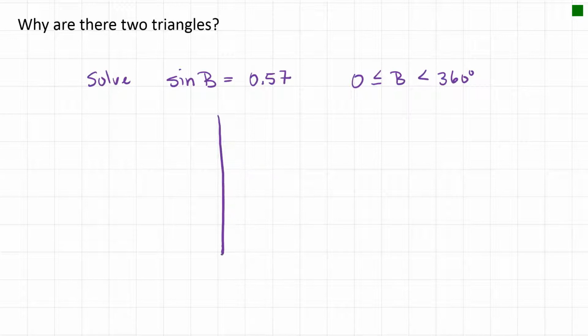Well, we know from the CAST rule, or All Scientists Take Chemistry, that the sign is going to be positive in this quadrant and in this quadrant.